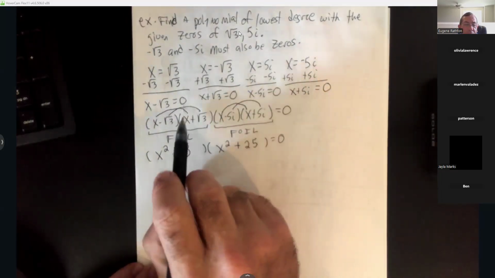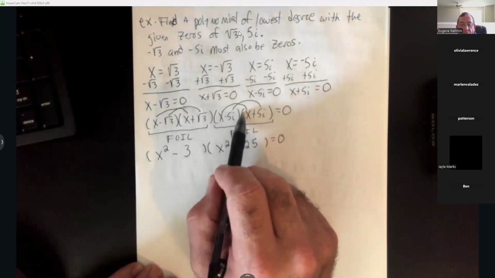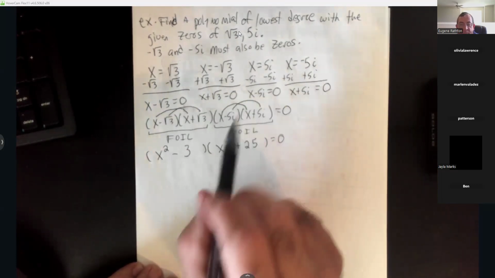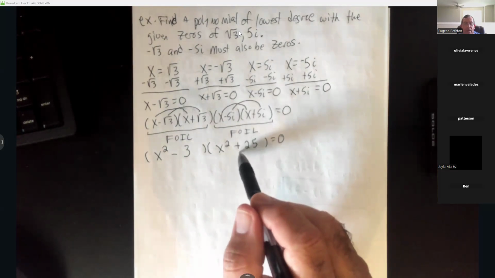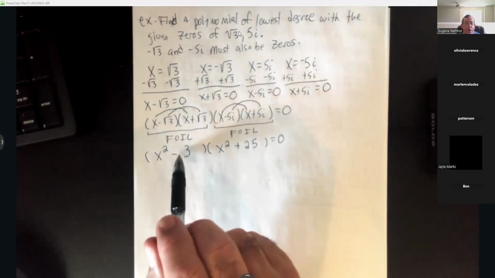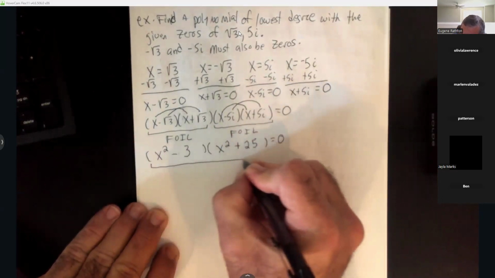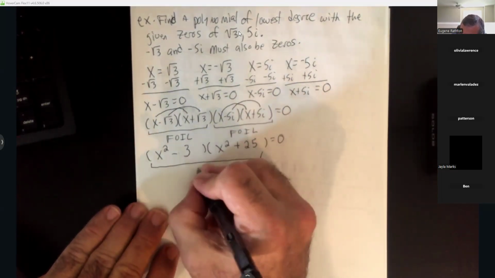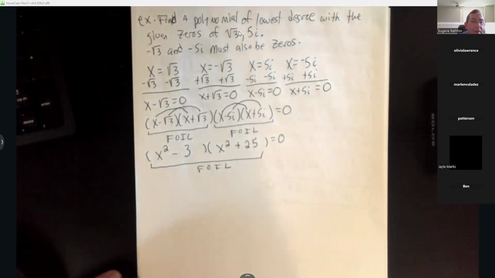So that's how you shortcut the first two and then the last two. Remember, imaginary always ends up positive, radicals always end up negative. All right, you got two things times two. So now we can FOIL that and get our final answer.